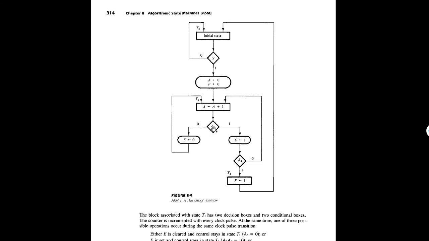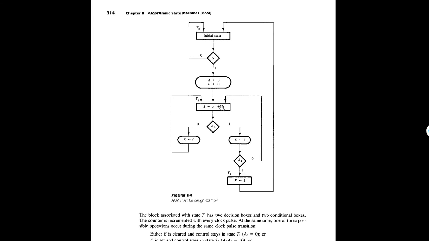A3 is going to give some output and then A is going to be incremented, and that is going to go to this part. For example, I'm assuming there is one arrow pointing here. So if A3 is changing from 0 to 1, and E is present here, because you're incrementing it and it is changing from 0 to 1, the next state, as it is connected to the next block and next state, is going to be changed at that particular point only.